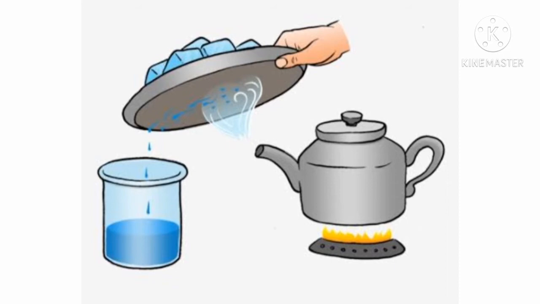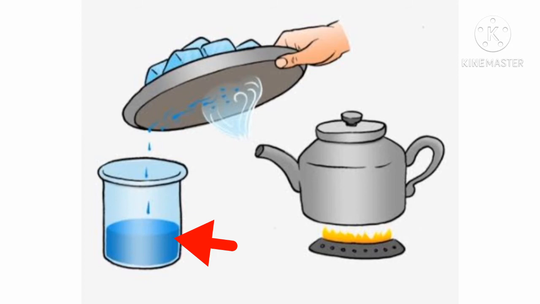When the steam comes in contact with the metal plate, the process of condensation takes place. The water vapor gets converted into liquid water. We can see water drops on the plate. These water drops are collected in the beaker.